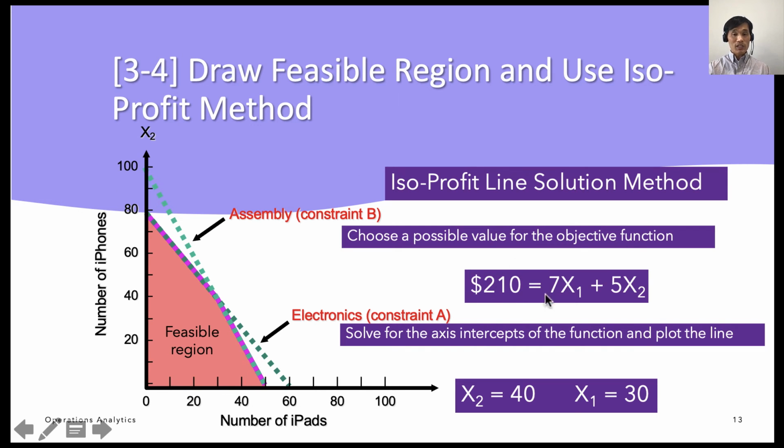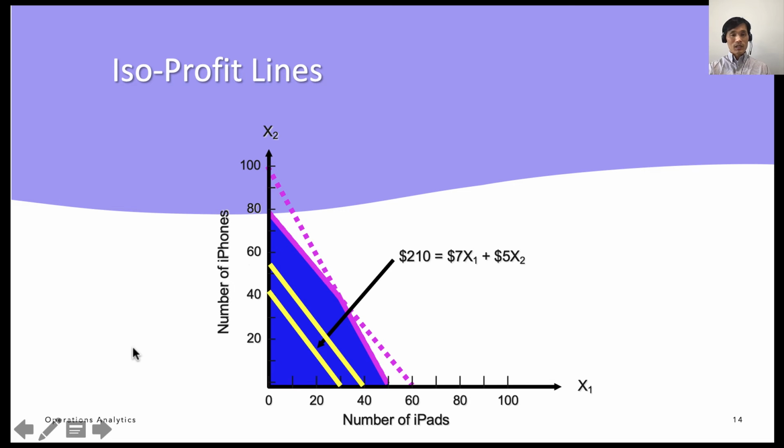You set any value over there and try to move the line upward and downward, and you will see that at this point it is going to be maximized.